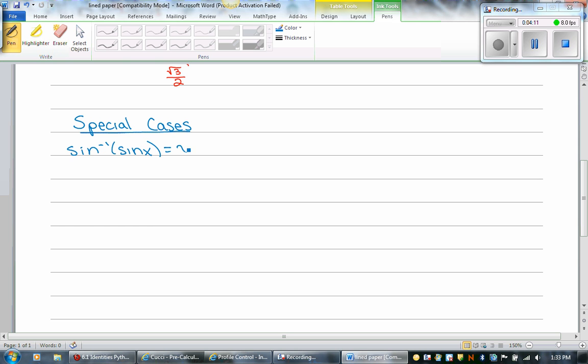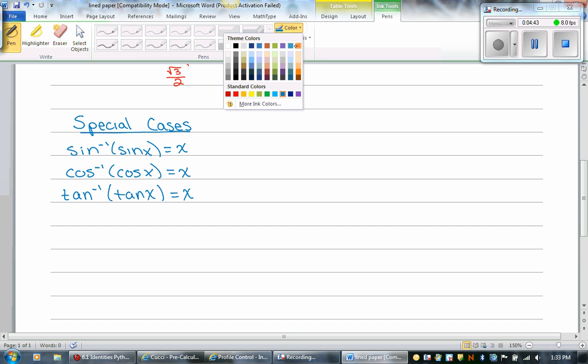That's also going to be equal to x, and that's for all x in the range of sine inverse. Cosine inverse of cosine of x, again, is going to be equal to x. And tangent inverse of tangent of x is also going to be equal to x. So those are just some special cases. Notice they're very similar to what we just looked at. It's just written differently.